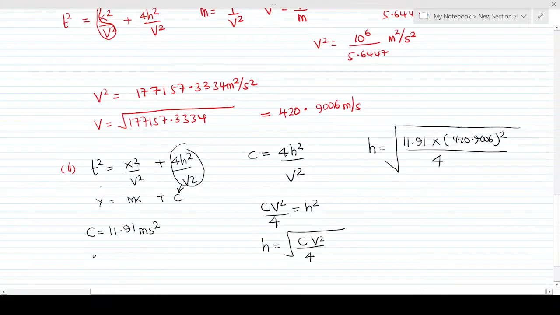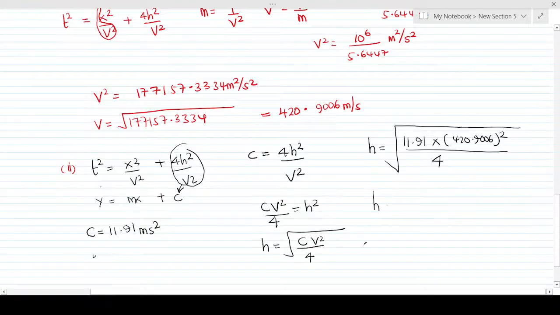So 11.91 times 420.9006 squared, all over 4. And that will give us the height.